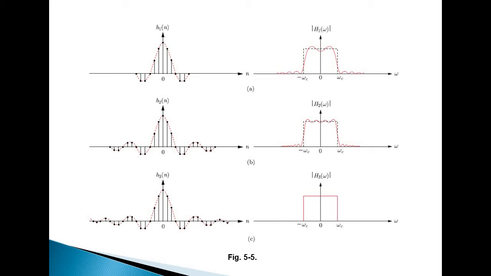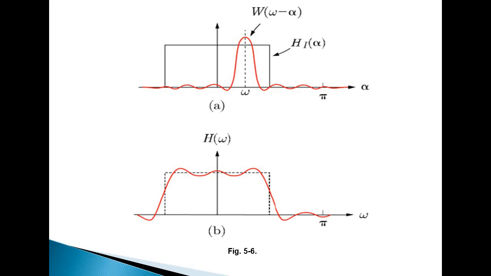The middle lobe is the main lobe, and the side lobes are present. Because of the side lobes, ripple is present in the passband and stopband. So to avoid that, the attenuation of the stopband must go on increasing.